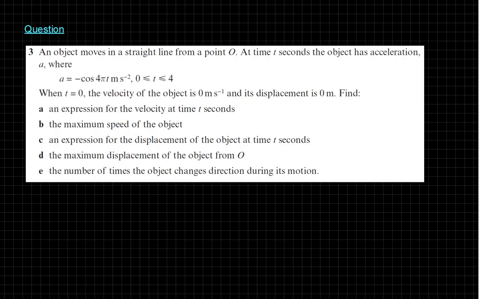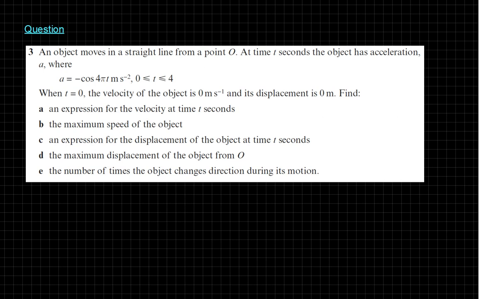Next question. So you've got your expression for acceleration here. You've got some initial conditions. Everything is 0 effectively at the beginning, which makes things easy. You're going to find the velocity. You're then going to find the maximum speed. Be careful with the word speed, obviously.